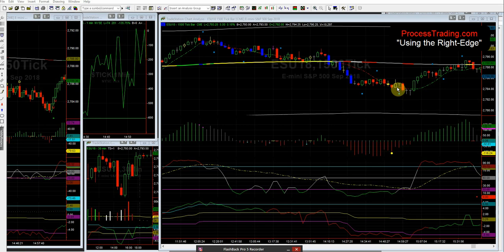For one thing, we're going to look at these blue professional bars. You know, we took this trade here, and we took it possibly all the way down to here, but we took it down into this area. This is where we got out of this trade because of this bar.